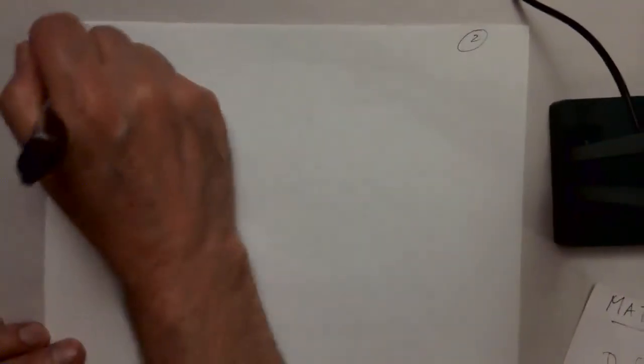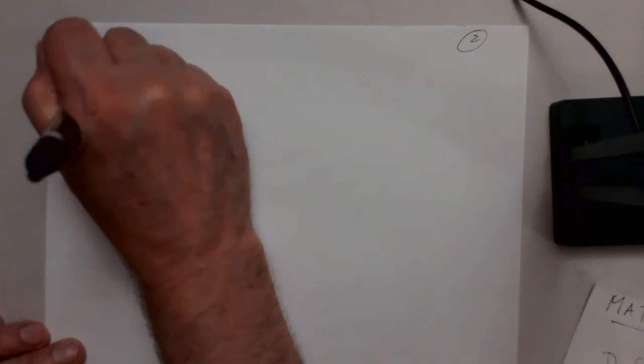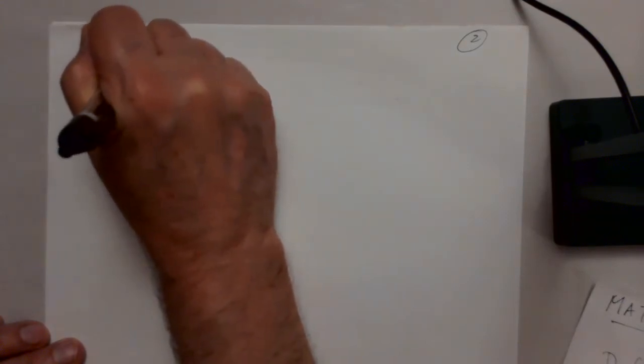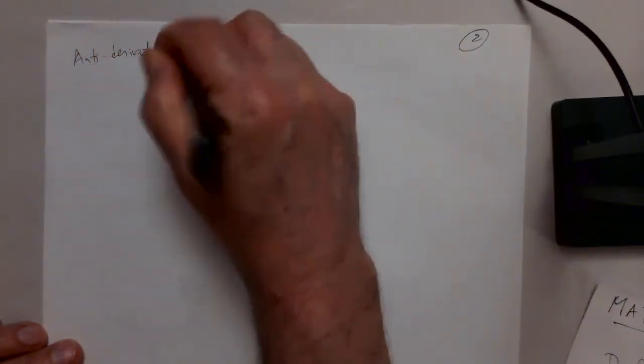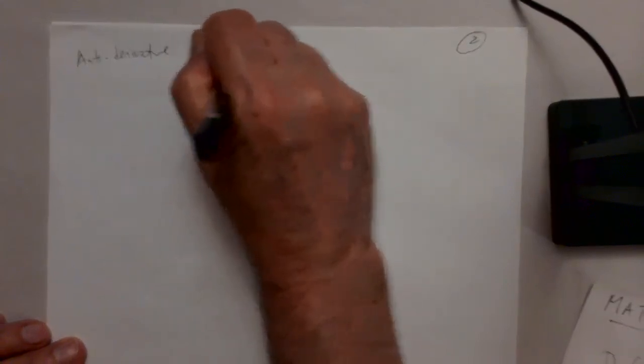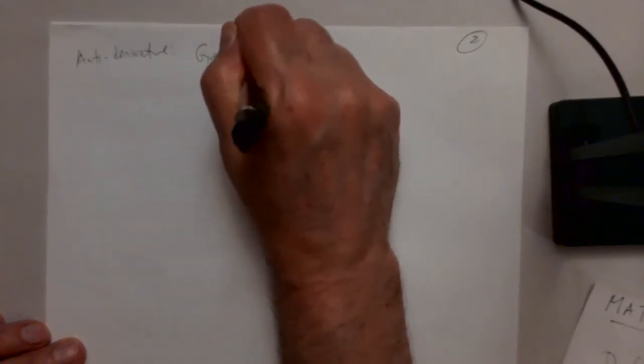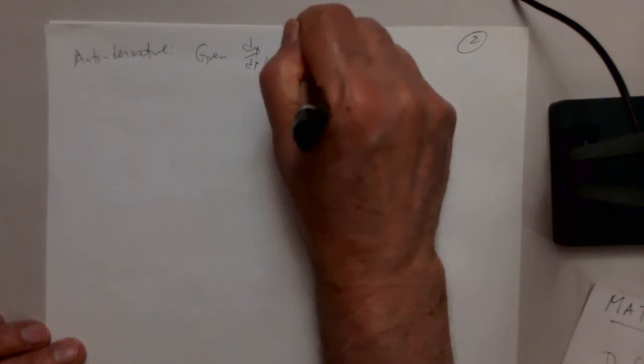So this is called finding the antiderivative. Again, the problem is, given the derivative dy dx, find y.